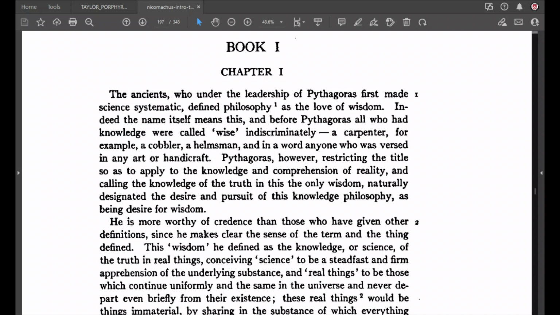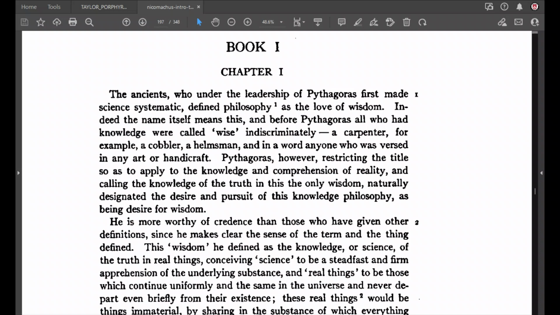We read, the ancient philosophers, who under the leadership of Pythagoras, an ancient philosopher who taught the science of mathematics, first made science systematic, defined philosophy as the love of wisdom.